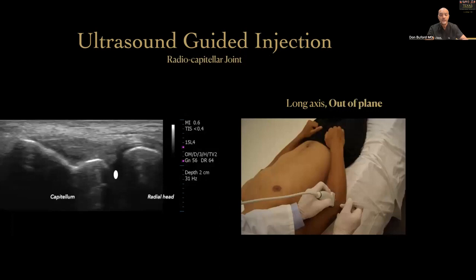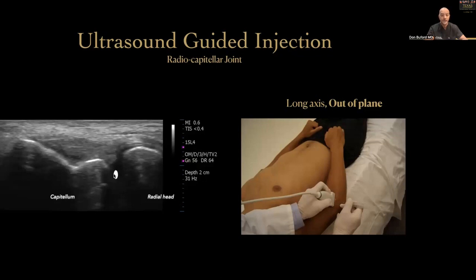Now, we can also do these injections out of plane. We can either approach the lateral epicondyle out of plane, or we can approach the joint out of plane. So here, this is a long axis view, but notice in the clinical picture, the needle is coming in out of plane, not at the edge of the transducer, but right at the midpoint of the transducer. And so this white circle is just meant to illustrate what the tip of the needle would look like once you visualize it into the joint, for example.